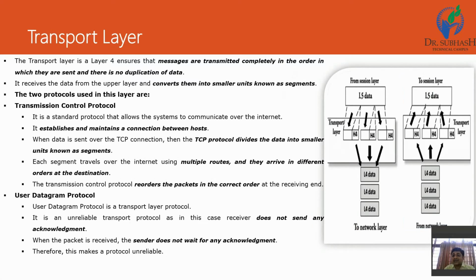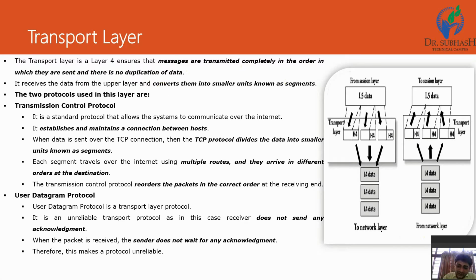Okay, next one is the transport layer. This layer performs a very critical and important part of the OSI model's seven layers. The transport layer is the fourth layer. It ensures that messages are transmitted completely, in the order in which they are sent, and with no duplication of data.